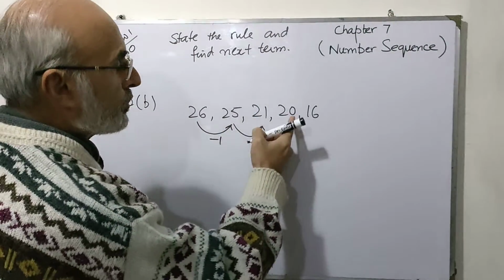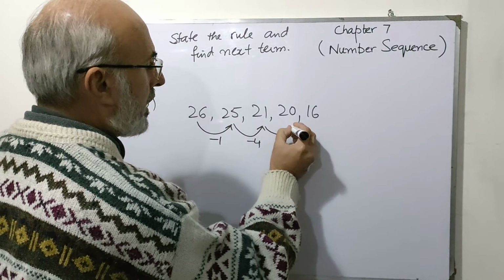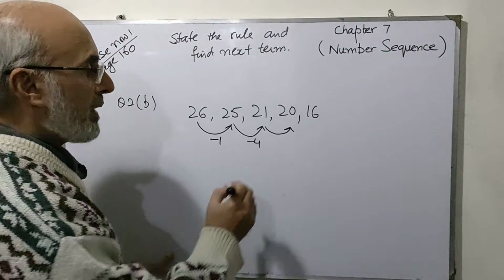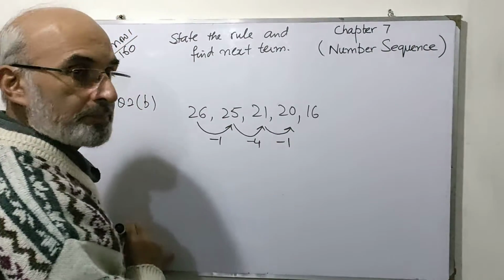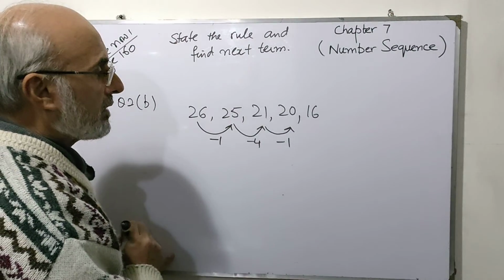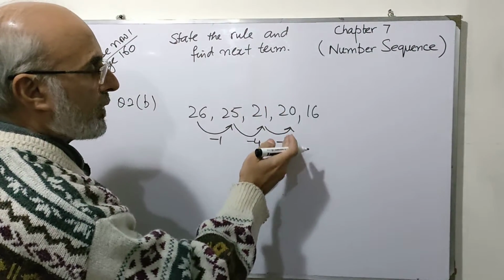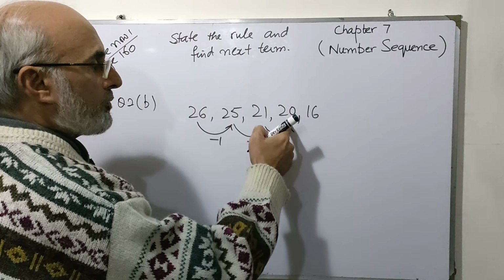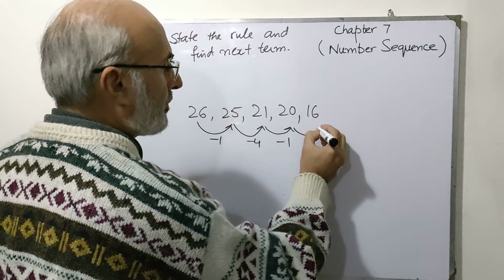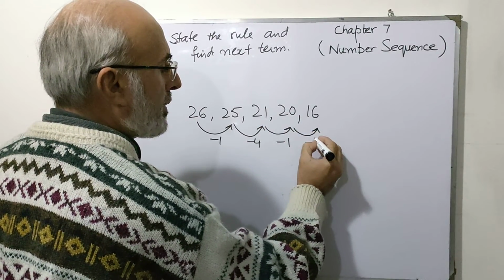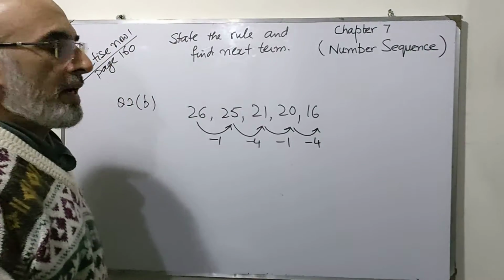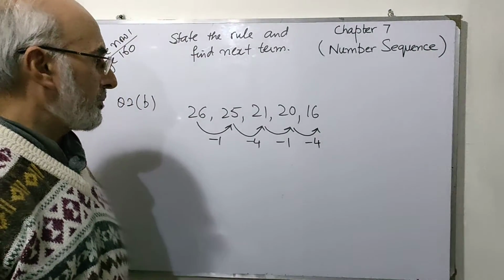Now from term 3 to term 4, again it is decreased by 1, and we get 20. 21 minus 1 is 20. From term 4 to term 5, we see it is decreased by 4. 20 minus 4 is 16.